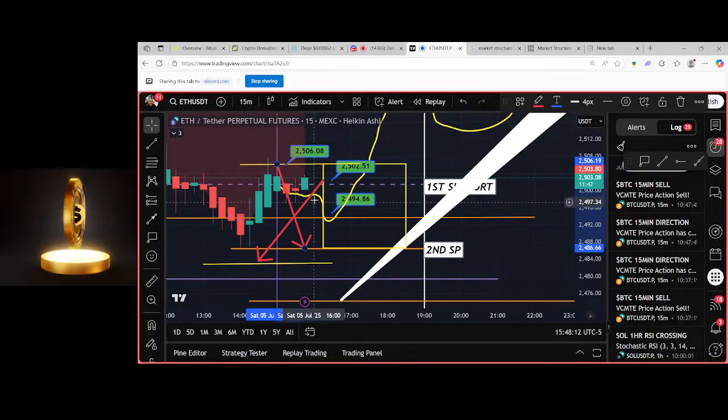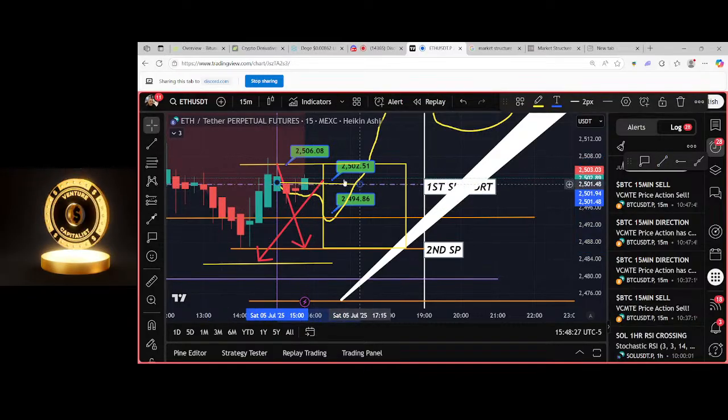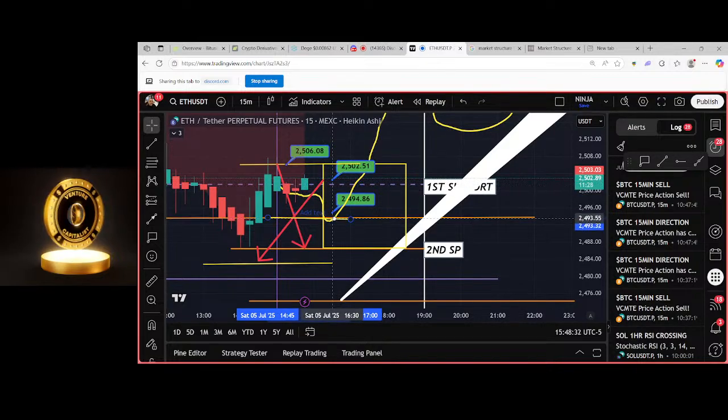So there's no support here to protect me from that pullback, which is what I want: multiple support levels, at least two. In this scenario, the only thing I have is maybe this perforated line right here saves me once, and then this next line would be two.